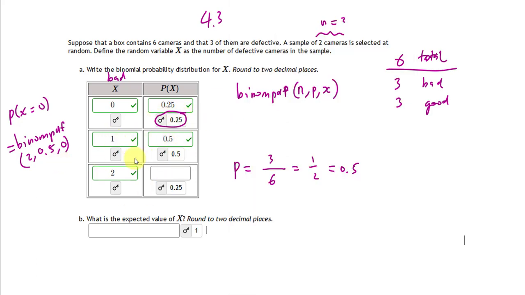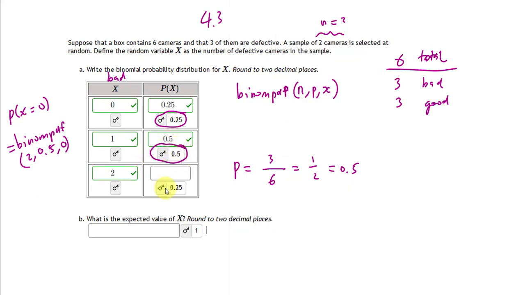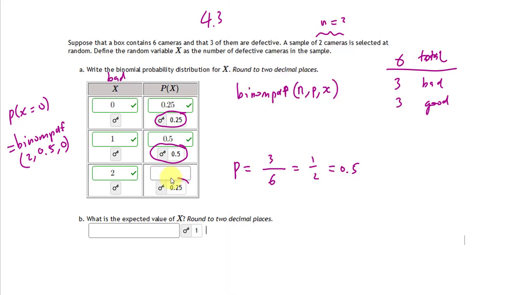And then I switch x to 1, so I go back to here, press second enter to recall the entry, and move the 0 into 1, and I get 0.5 for the answer. And then finally for 2, I press second enter and fix this into the number 2, and I get 0.25 right here.